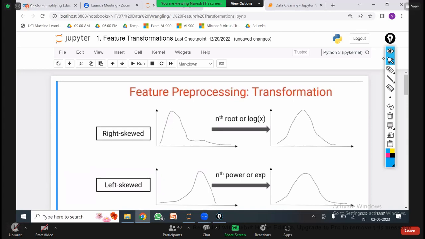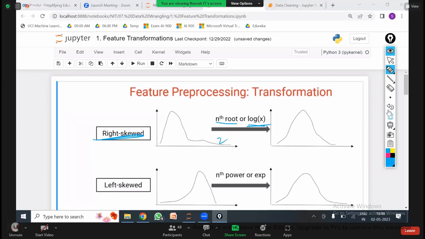Now, how to convert if any data is right skewed or left skewed? If the data is right skewed, that can be converted by using log x or nth root. Nth root means it might be square root, cube root, fourth root, fifth root, anything.